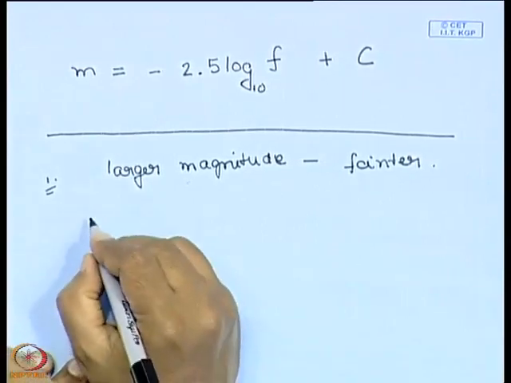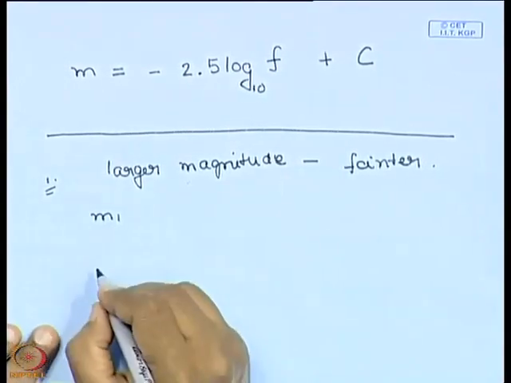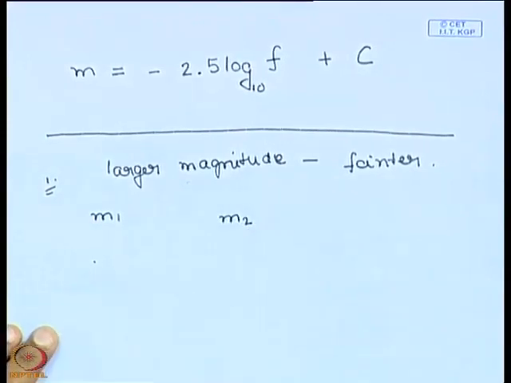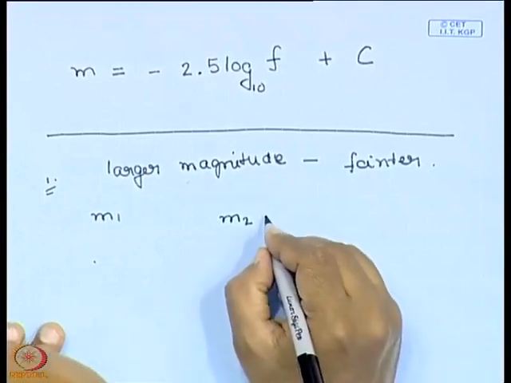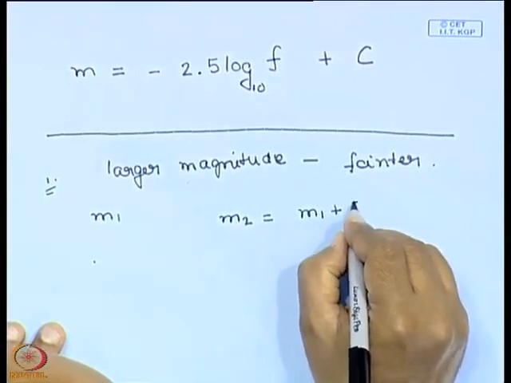Okay, so I have M1, the first source, and let us say M2 is the apparent magnitude of the second source, and M2 is M1 plus 5.